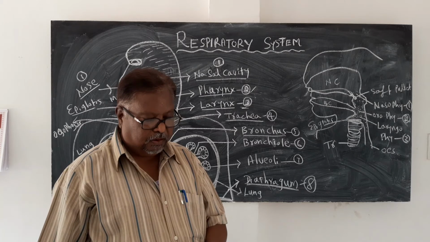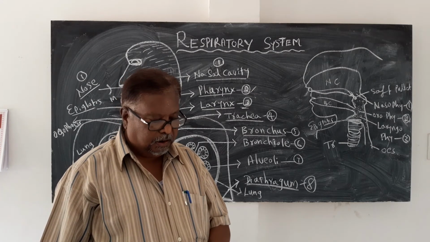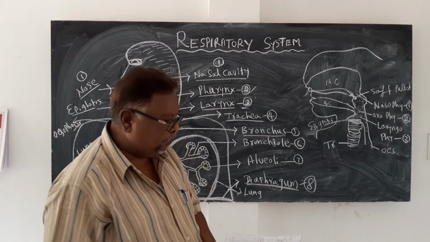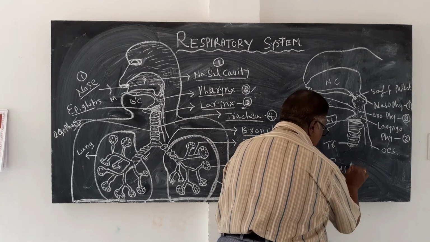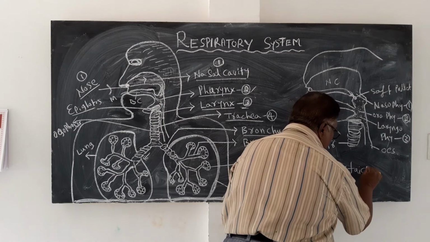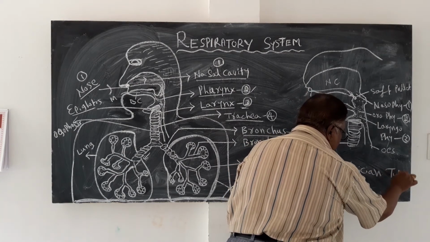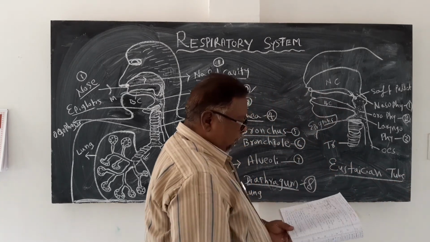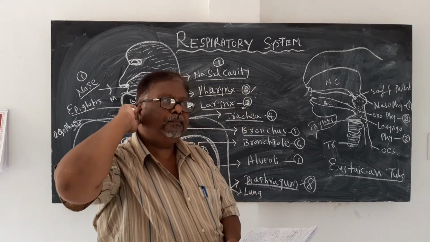The lateral walls of the nasopharynx contain openings for auditory tubes or eustachian tube, which connects to the middle ear.